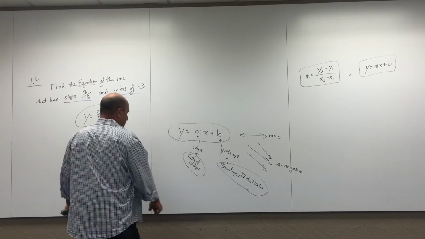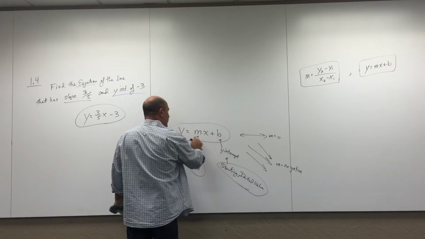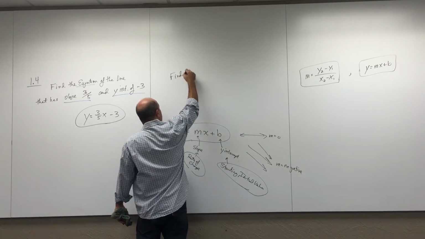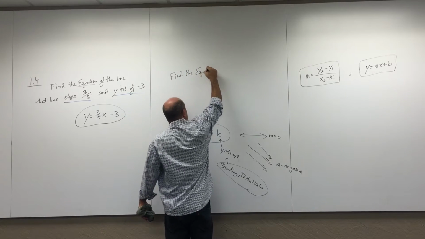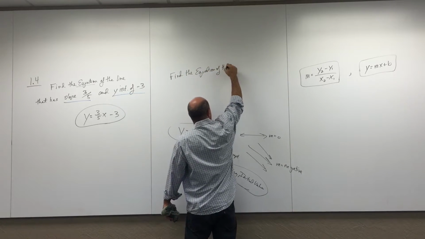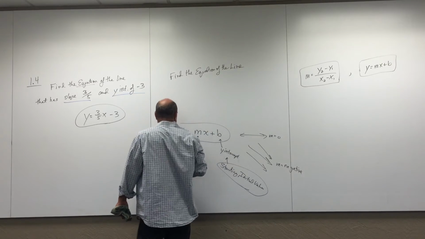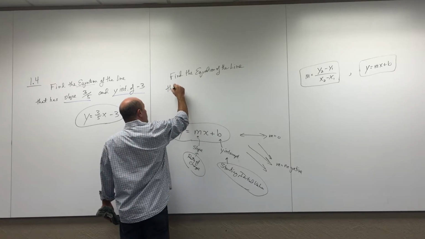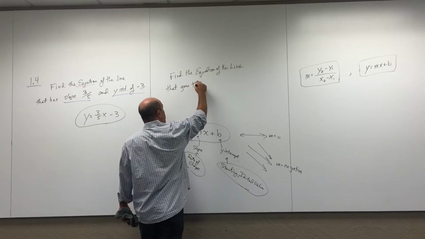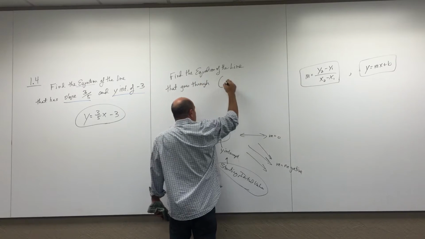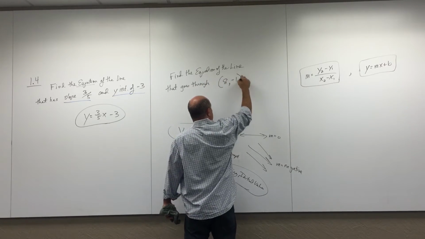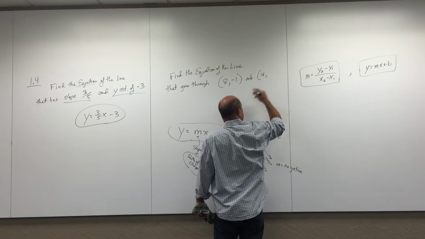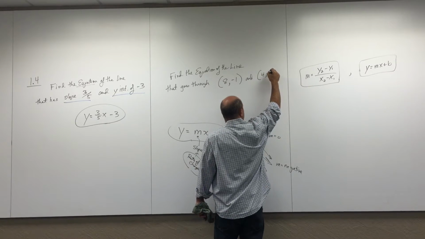Maybe you don't know the y-intercept. Maybe you don't know the slope. Maybe it's this question. Watch this one. This is the best question. Find the equation of the line, and I give you, watch this, that it goes through (8, -1) and (4, 7).